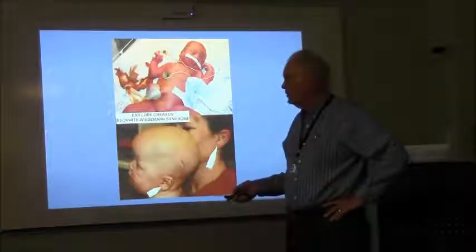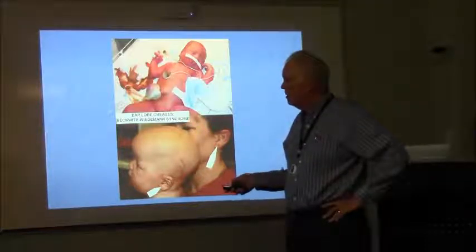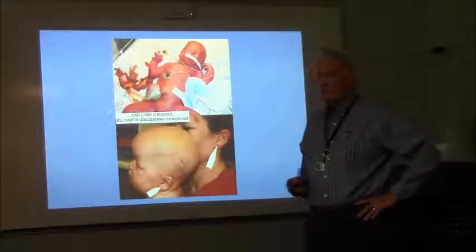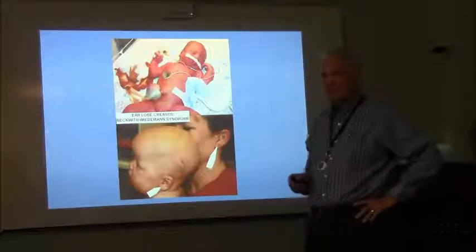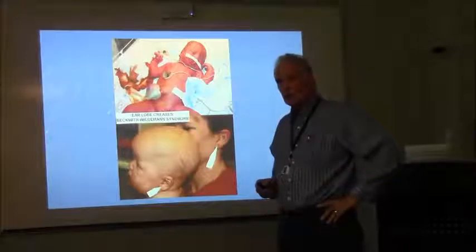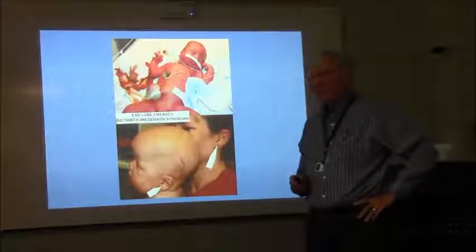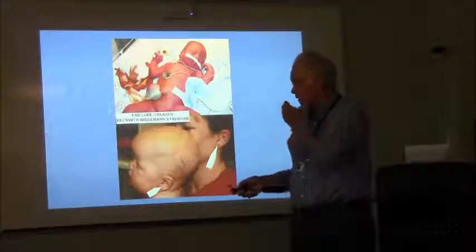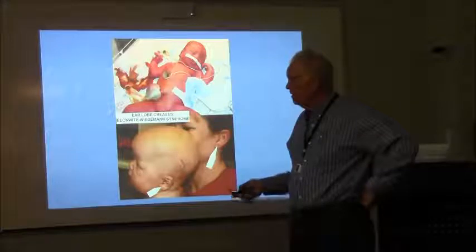Here are earlobe creases in an affected child with Beckwith-Wiedemann syndrome and the carrier mother. This was her only feature of being a carrier. We looked at her very carefully because her sister, who had no features, had an affected son. And so we knew that this was in fact a feature that indicated she was a carrier.